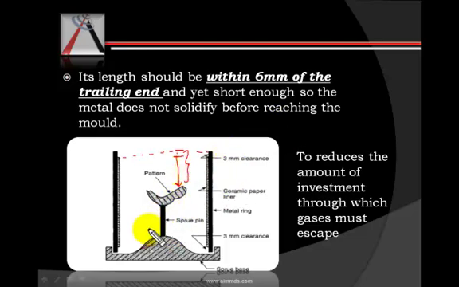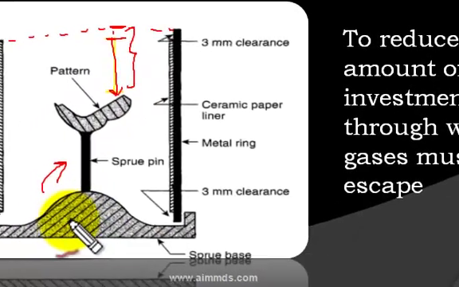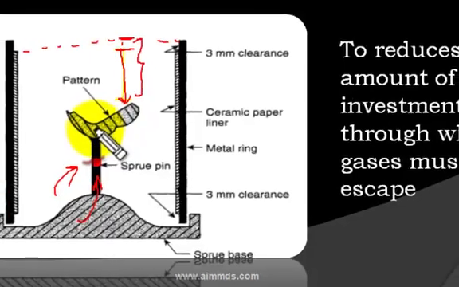So we want the sprue to be long enough so that our wax pattern is positioned within 6 millimeters of the trailing end. But we don't want our sprue former to be very long, because if it is too long, the molten metal flowing through this sprue former may solidify before it reaches the mold. So we don't want that.